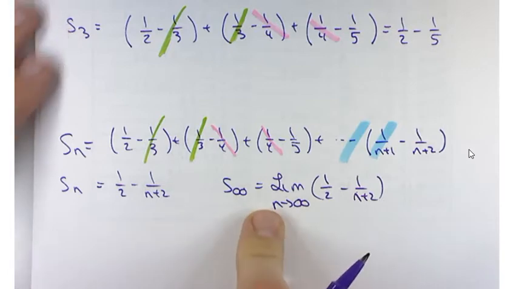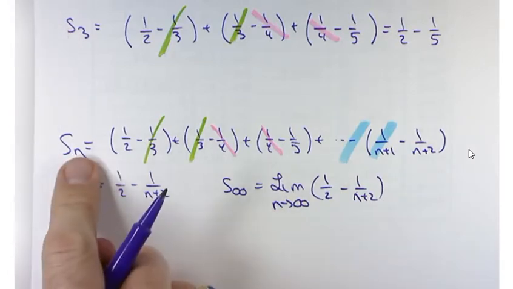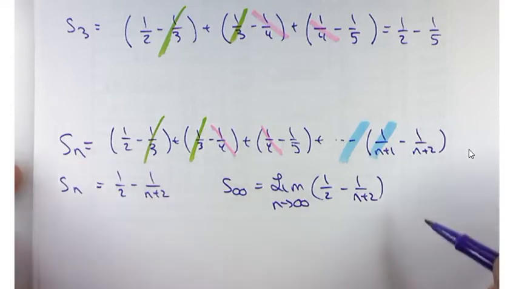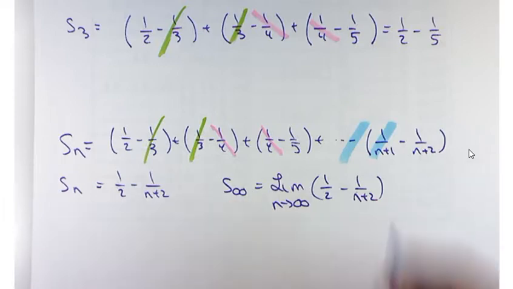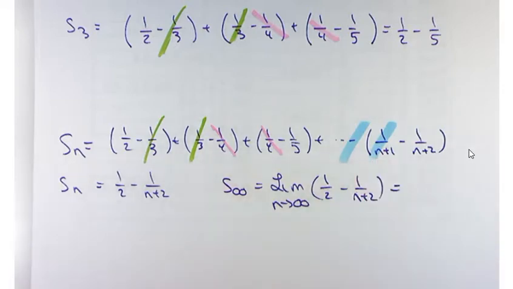Basically, it equals the limit of S sub n. So as we let n get bigger and bigger and bigger, that's going to get closer and closer to the overall sum. What's that limit? It's 1/2. Yay. That's going to disappear. Your limit's going to equal 1/2.